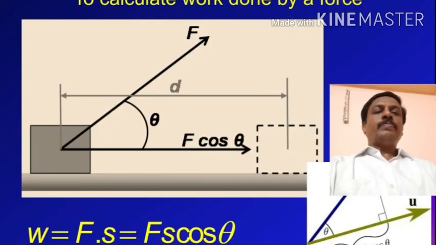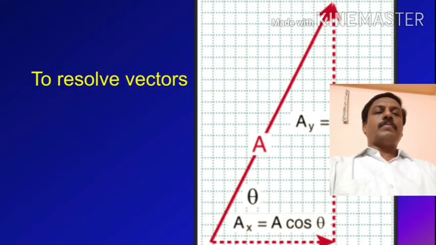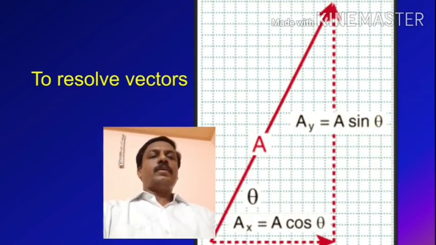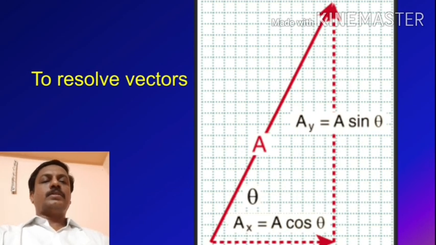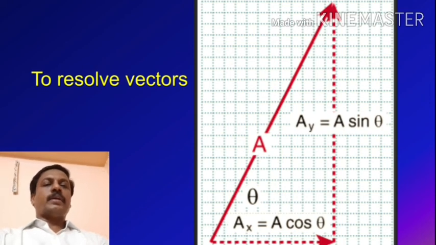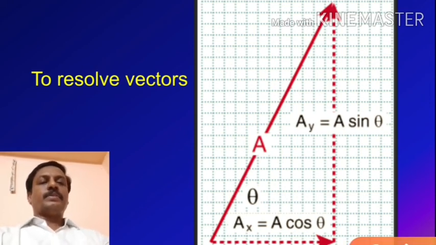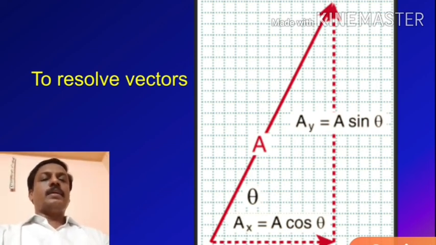Yes, so these trigonometric values and definitions are helpful in physics. See here, it is used in the resolution of a vector. You will learn it in physics. A vector means a physical quantity having both magnitude and direction. You will learn it in detail in PUC.